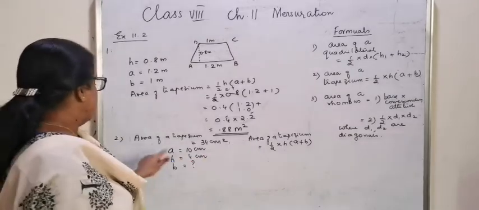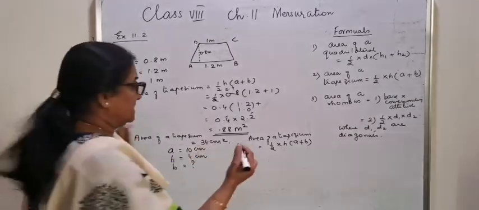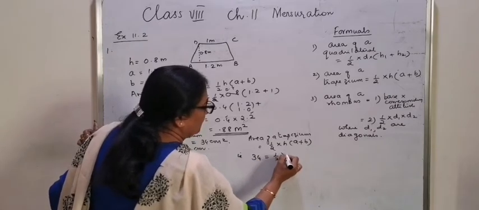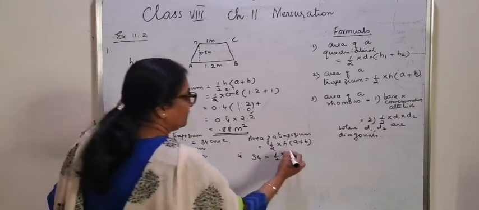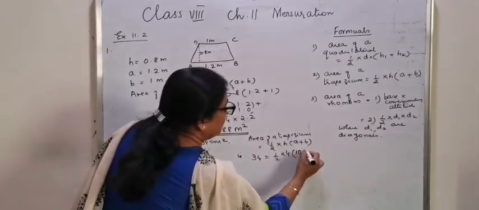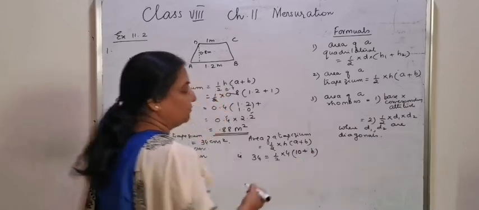Area of trapezium is given as 34 centimeter square. That is 34 is equal to half into, height is given as 4 centimeter, into A as 10 centimeter plus B has to be found out.